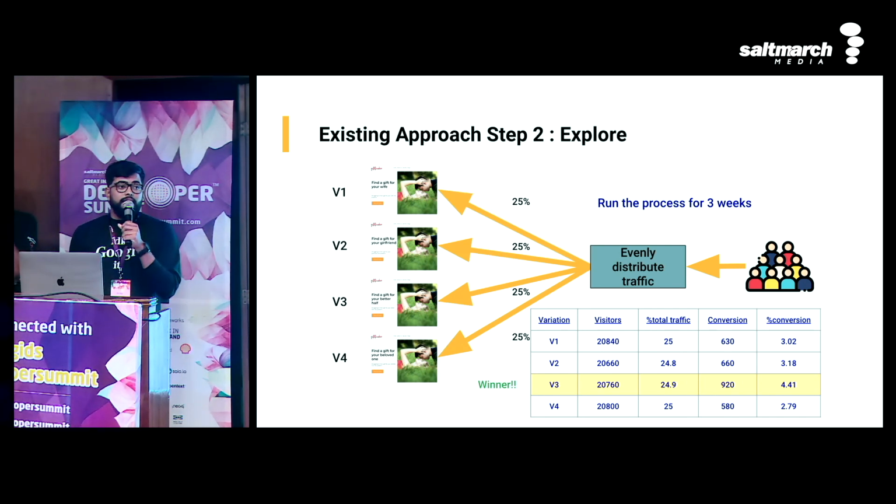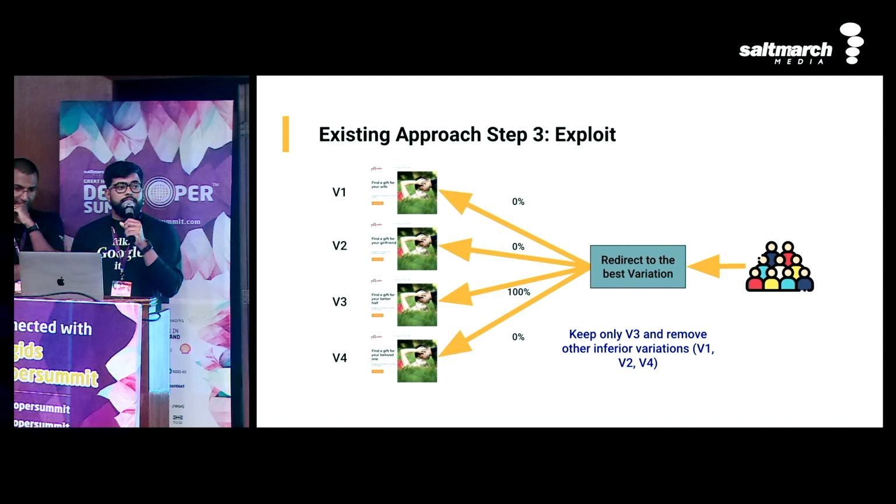Bachelors are visiting the homepage and making the most of the purchases. So that's why he finds out the third variation is the winner, and it is drawing more and more conversion, so he only keeps the third variation, removes all other variations, and targets the whole traffic towards that third variation.